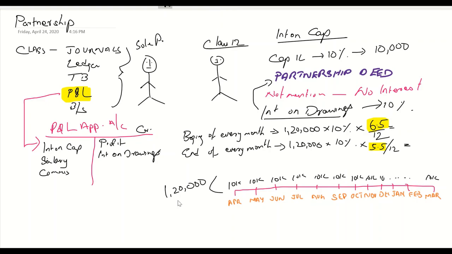And if it is in the middle of every month, this 1,20,000 into 10% interest will be calculated for 6 months. Now you have to remember this.